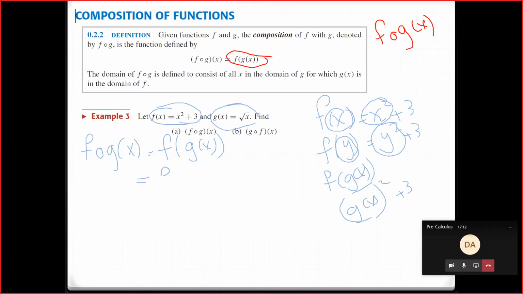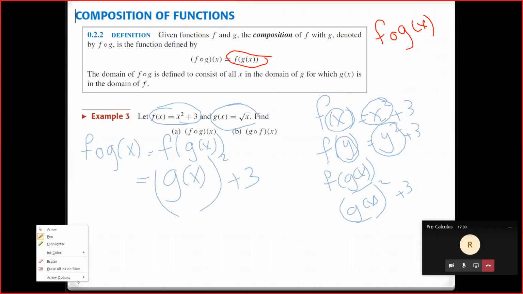So it will be g of x squared plus 3. I will repeat why. Here, as you see, we have x squared plus 3 because it is f of x. What about if it is f of g x?